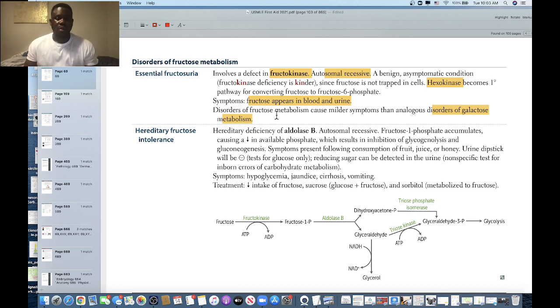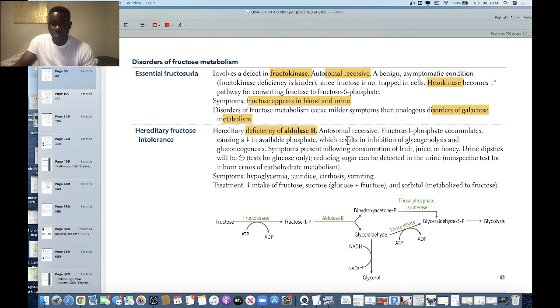Now, the second one is hereditary fructose intolerance. In these people, they have a deficiency of aldolase B. You remember in glycolysis, aldolase B was the one splitting fructose 1,6-bisphosphate into two.